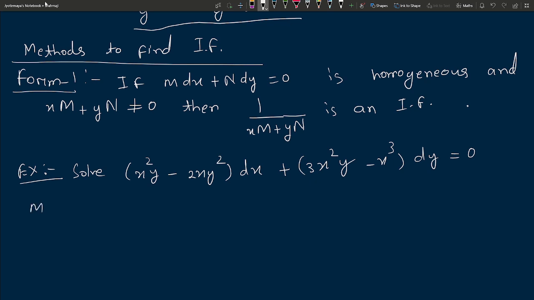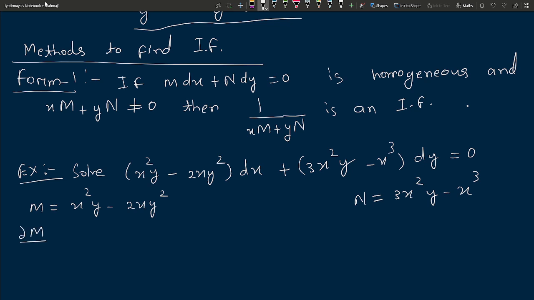Now what is M? M is x square y minus 2x y square. What is N? N is 3x square y minus x cube.